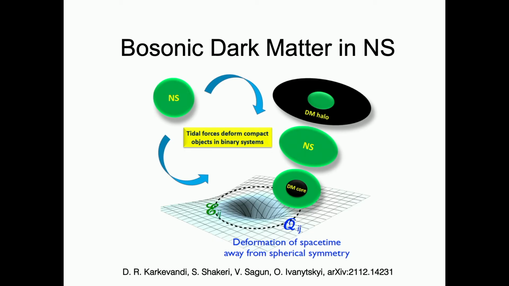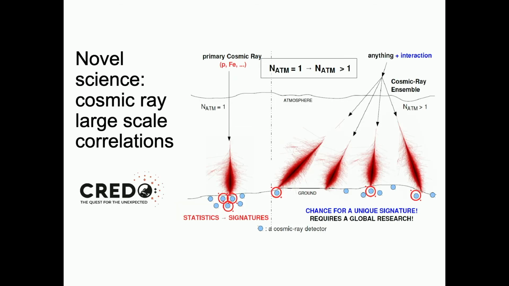And going beyond the physics of neutron stars, back to dark matter, I would like to take the opportunity to introduce you to an experiment, which is a collaboration searching for dark matter and also studying other types of fundamental physics.